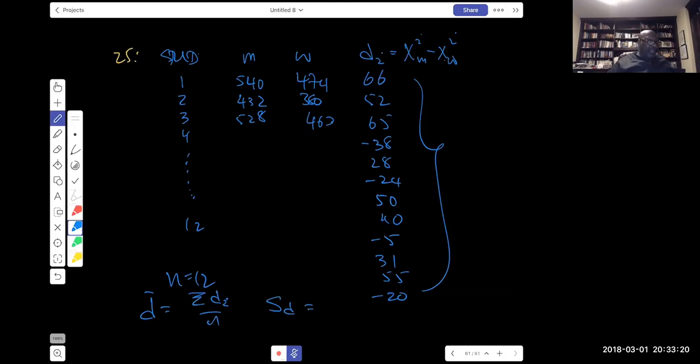Because we have matched pairs and take the differences between the matched values, when I average those differences, that sample average is an estimate of the difference between the math and the writing score. If you add it all up, it's 300 over 12, which turns out to be 25. So that 25 is the average difference, our estimate of the difference between the mean for math and the mean for writing.